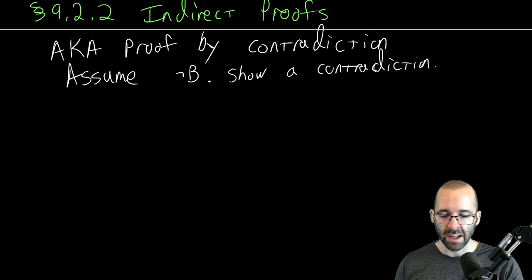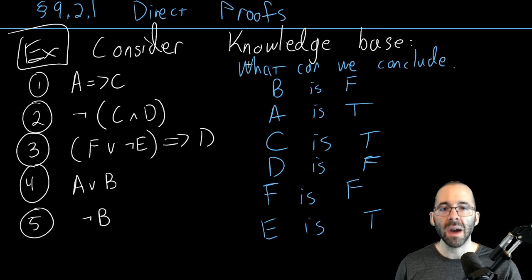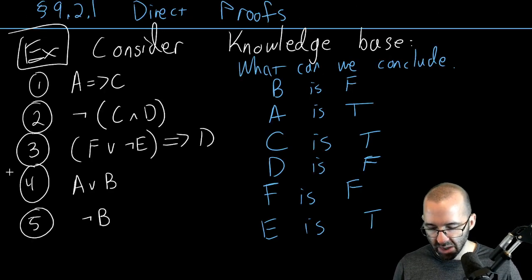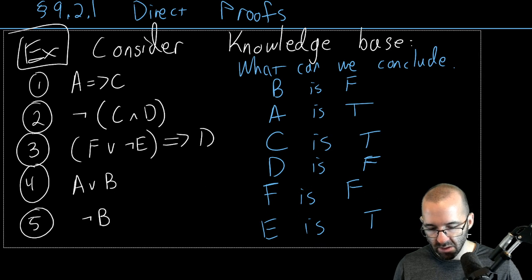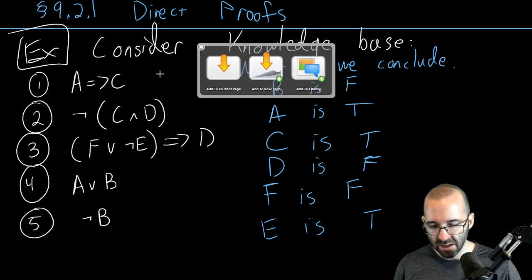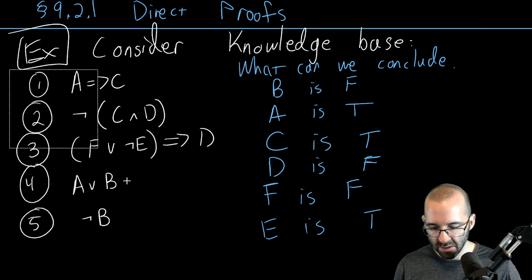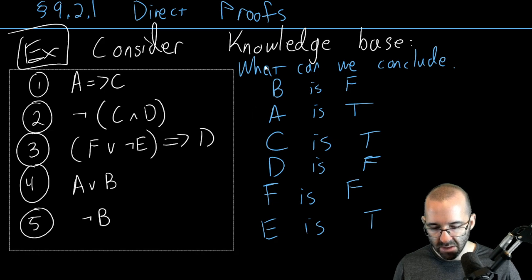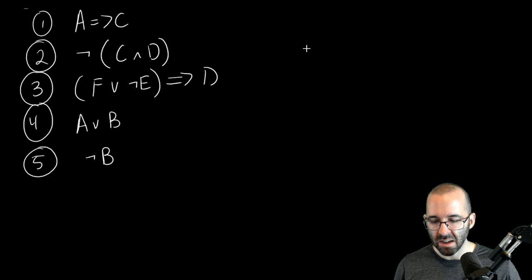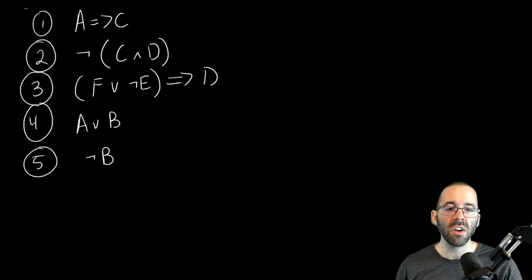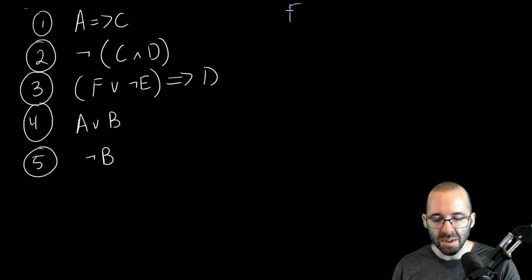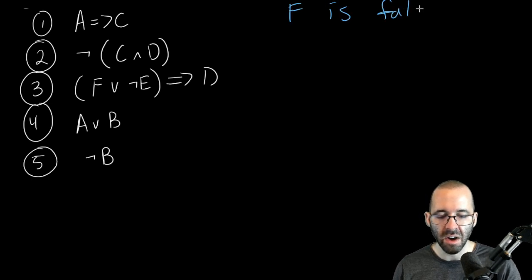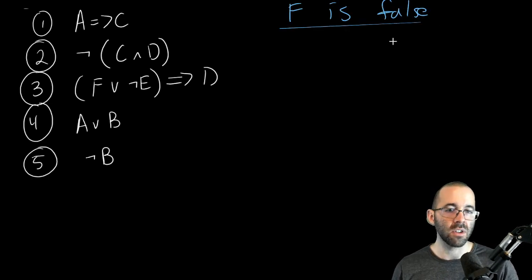So what is this going to look like? Let's go all the way back to this knowledge base. Take this knowledge base. And what can we do with this if we do a proof by contradiction? Let's start with our last conclusion, right? The last thing we said was that F was false. How can we prove this?